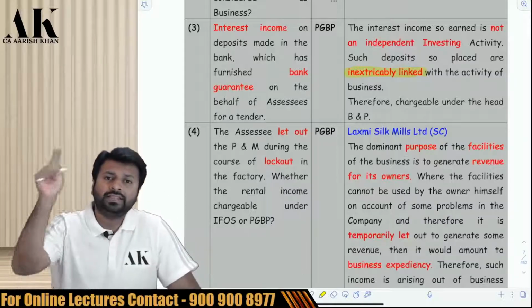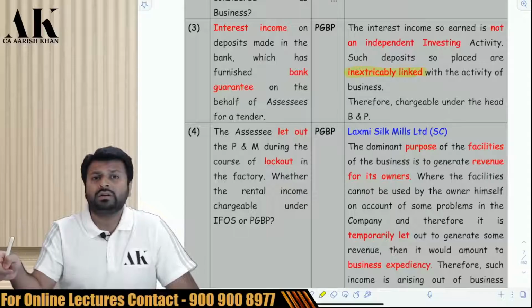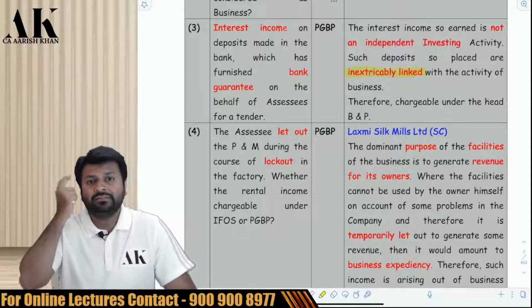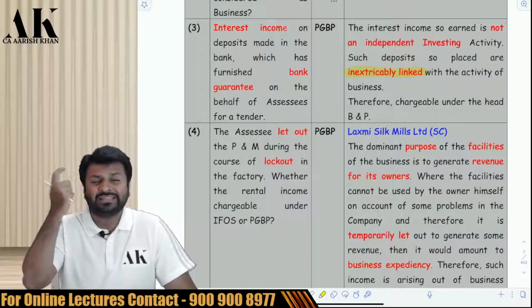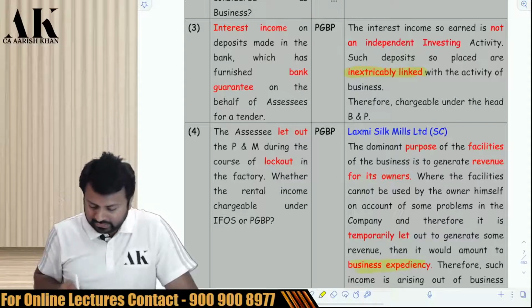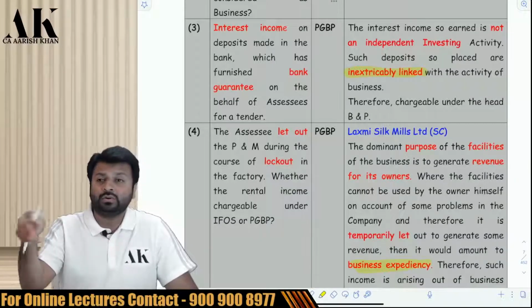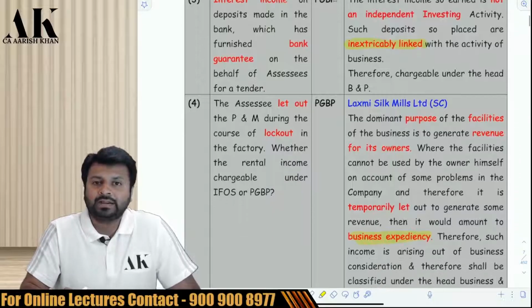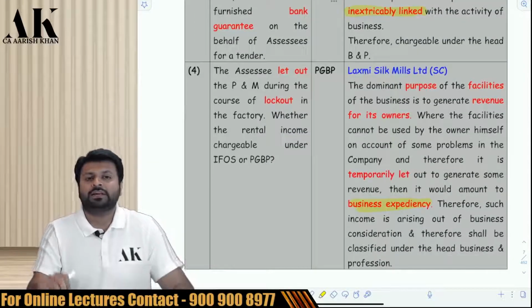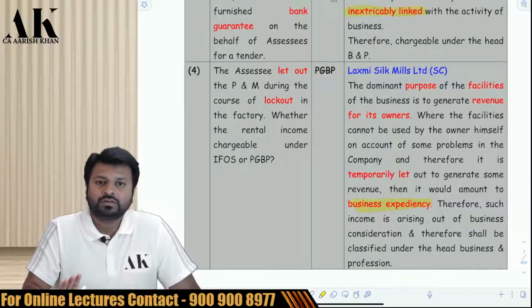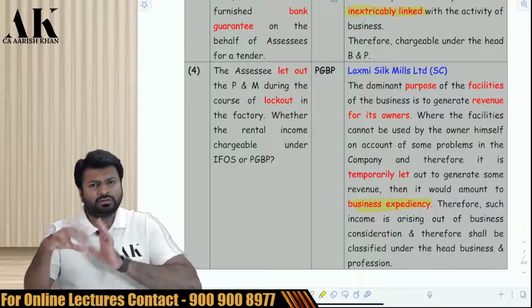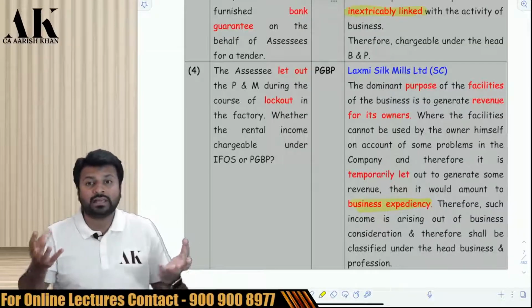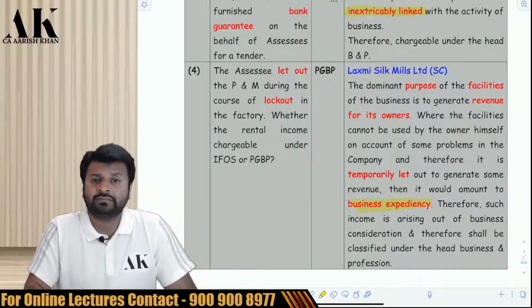Now, if that asset cannot give revenue directly through its business, and if you apply your business mind, which is called business expediency, and temporarily let it out to earn some revenue, that income will also be classified as business income, and it will be chargeable under the head PGBP. So if you can identify this out of these 4 examples, these are just 4 examples. There are thousands of examples like this in practical life.